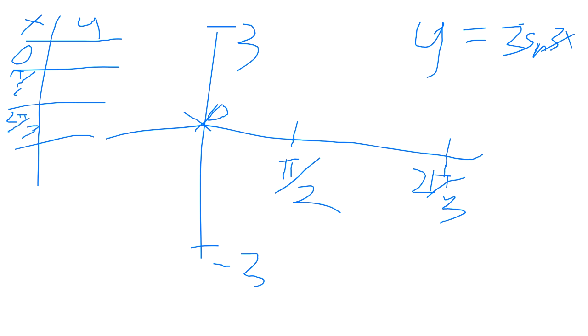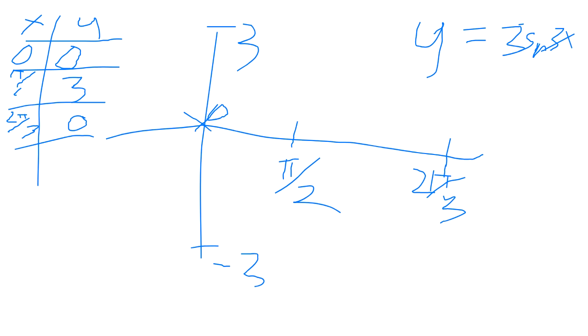So here the first one will be 0. Then we are going to go to 3. Then we are going to come back to 0, 3, then come back to 0. Am I correct, Rainy? Yes, you're correct, sir.